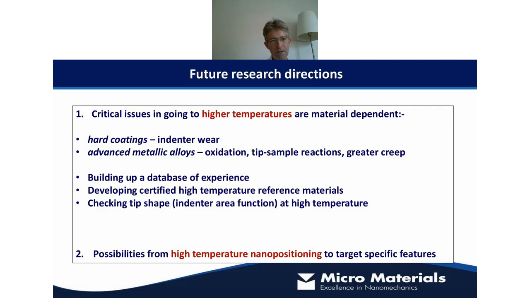When you're dealing with superalloys and other advanced metallic alloys, you need to consider the effects of oxidation, indenter inertness to avoid tip-sample reactions, and also the greater sensitivity to time-sensitive deformation.